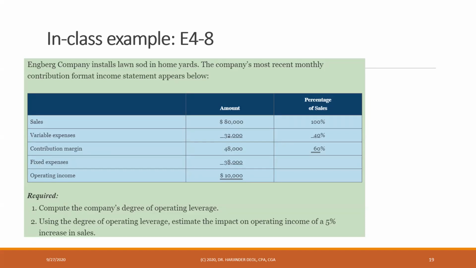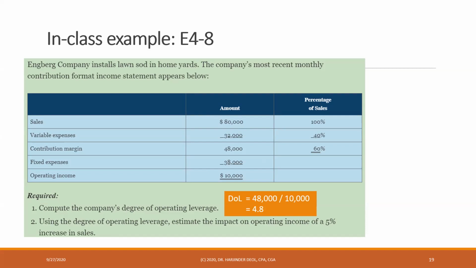We are to compute the company's degree of operating leverage first. Our degree of operating leverage is contribution margin of $48,000 divided by our operating income of $10,000, which gives us a multiplier of 4.8. So your degree of operating leverage is your multiplier.